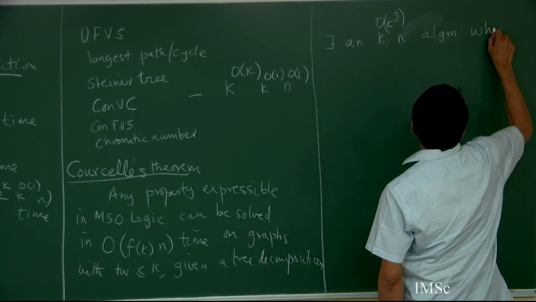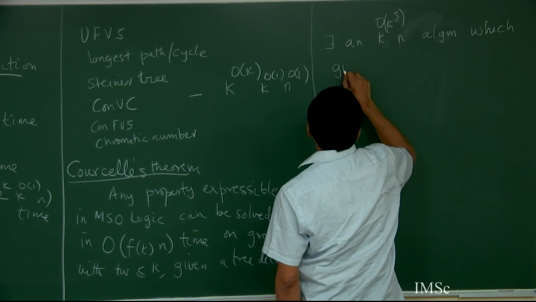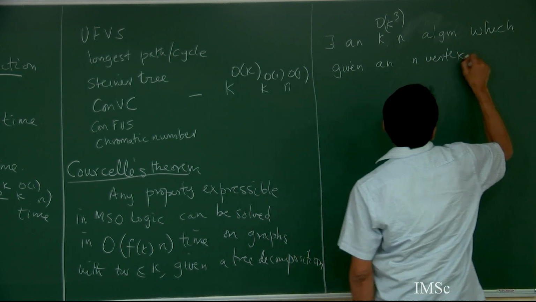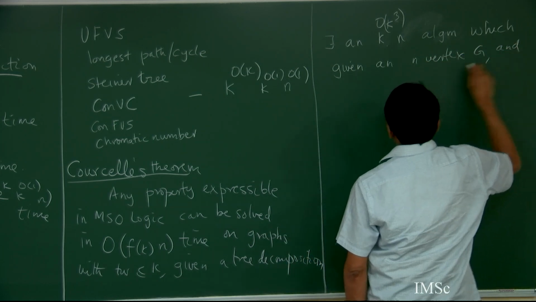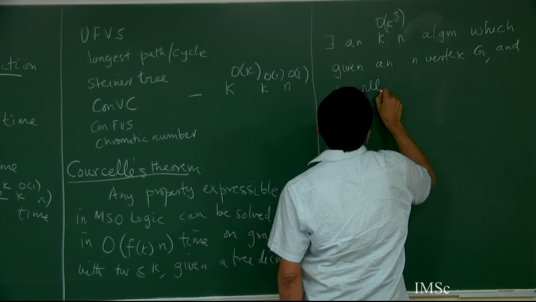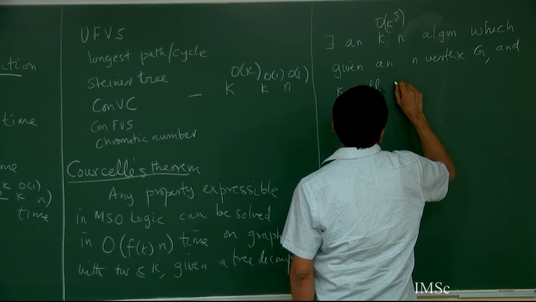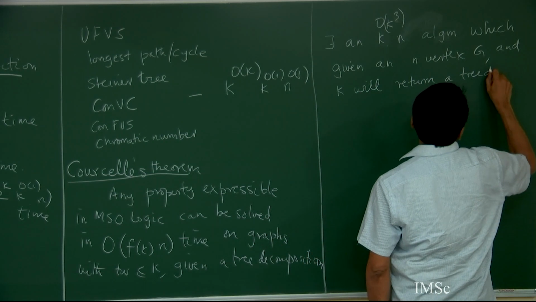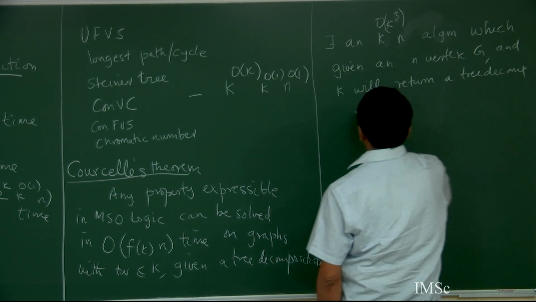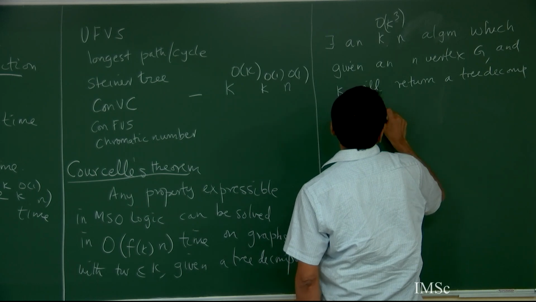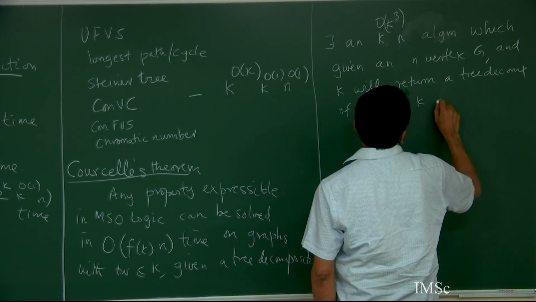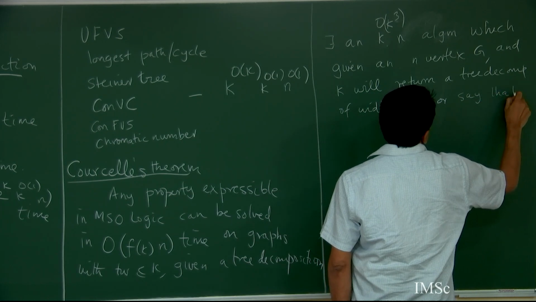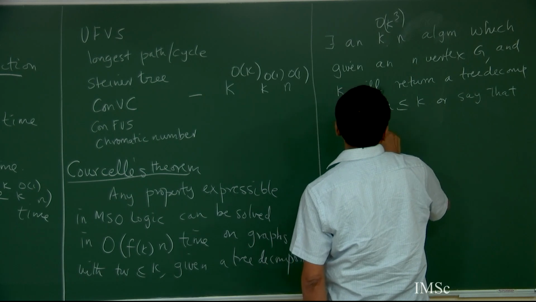There is a k power k cubed algorithm which, given an n vertex graph and k, will return a tree decomposition of width at most k, or say that no such decomposition exists, that is, tree width of G is greater than k.